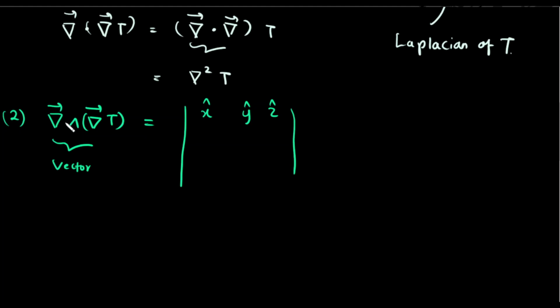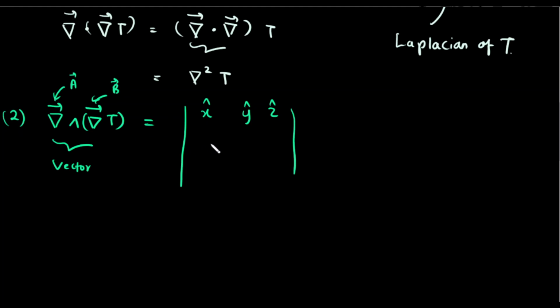We have the del operator here and grad t here. You use the first as the first vector and the second as the second vector.